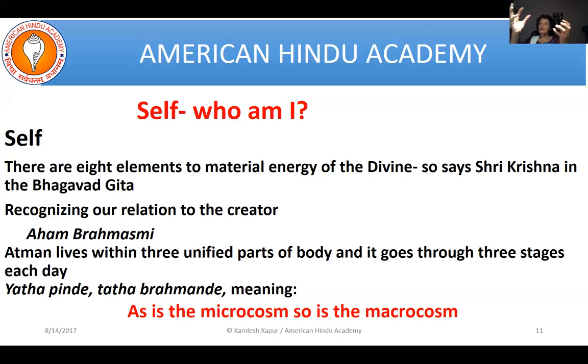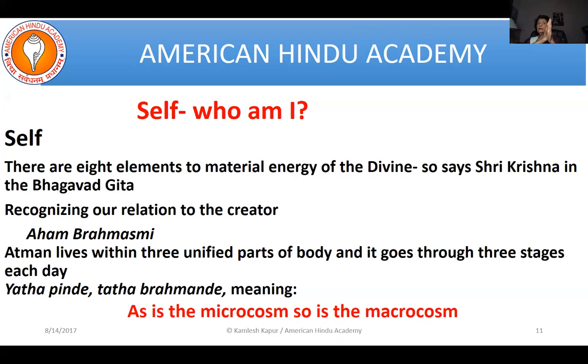So, the self. Now Hindu Dharma alone, among all the belief traditions, is in a category by itself, where it talks about the self and how to fulfill the self, find a meaning for the self, a purpose for existence, and self-realization.